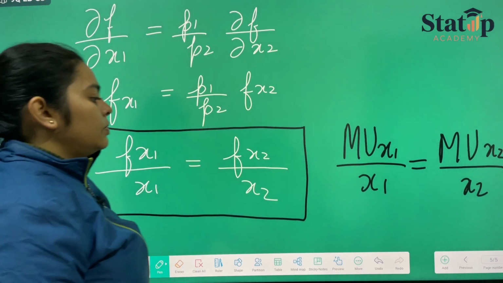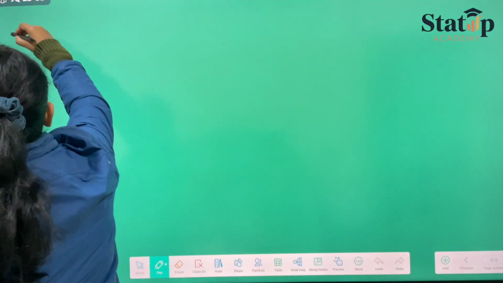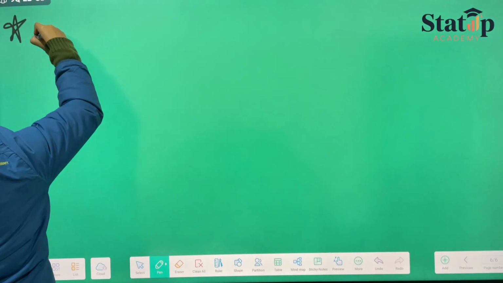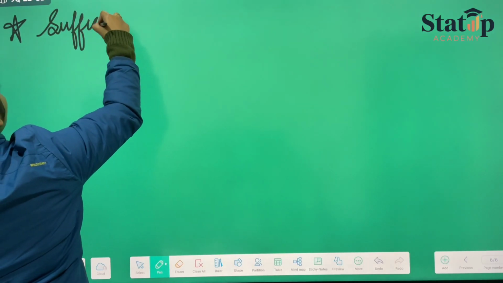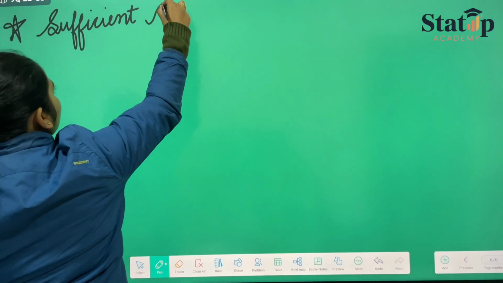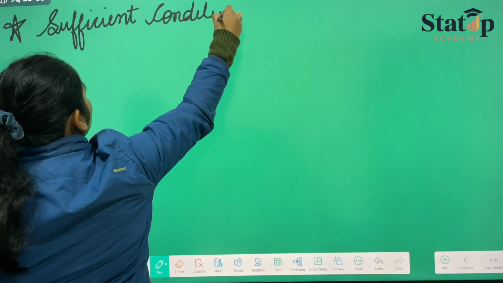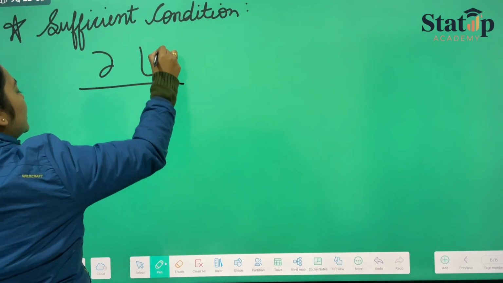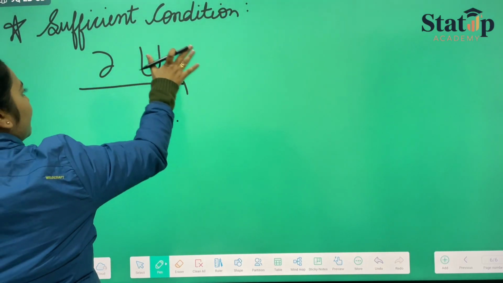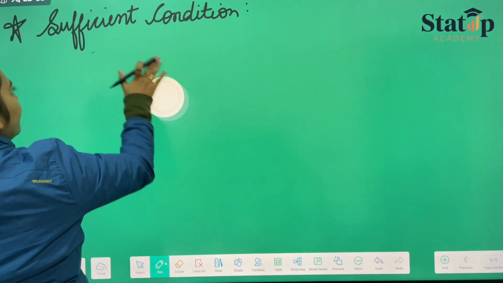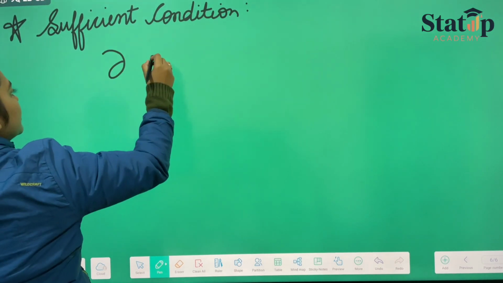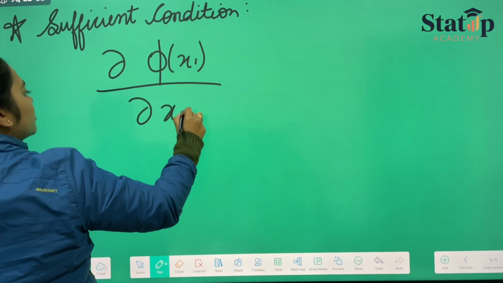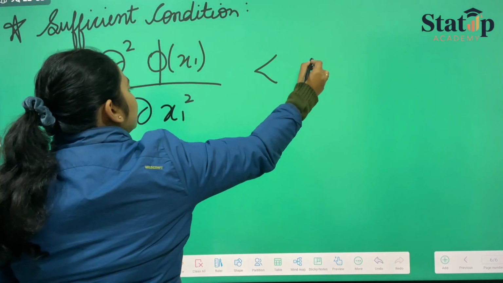Okay. Now comes the second condition, which is the sufficient condition. The first one is only a necessary condition, it is not sufficient. But the second one is sufficient. The sufficient condition says that the double differentiation of the utility function, or here instead of the utility function we have taken phi x, the double differentiation of phi x1 with respect to x1 square should be less than 0.